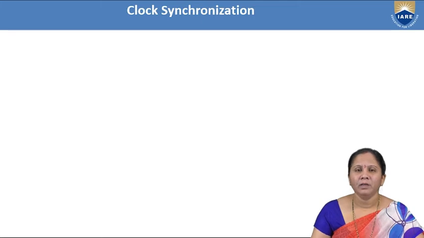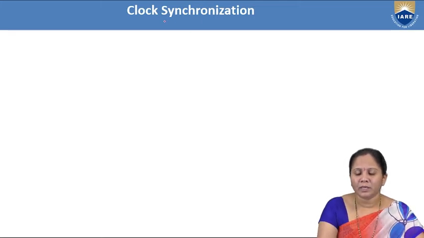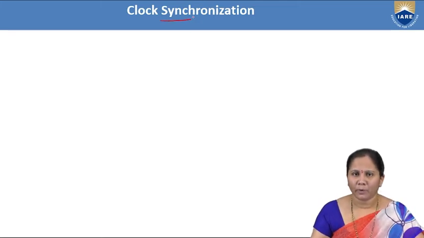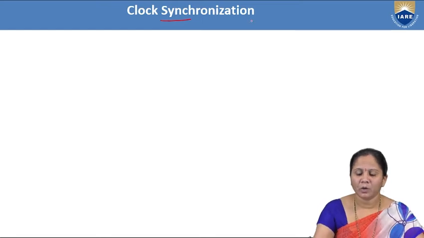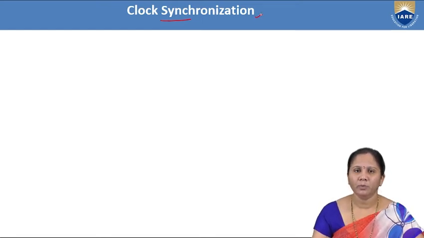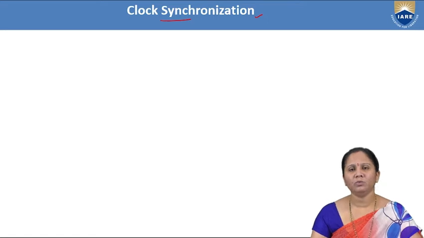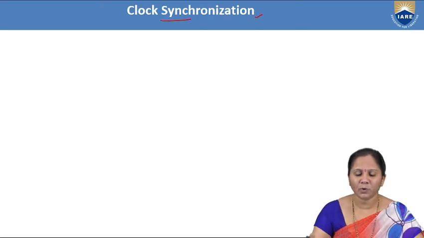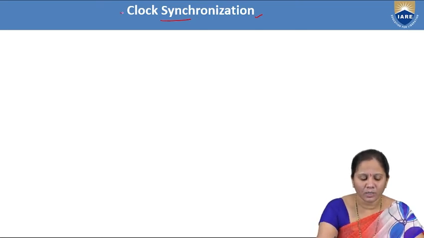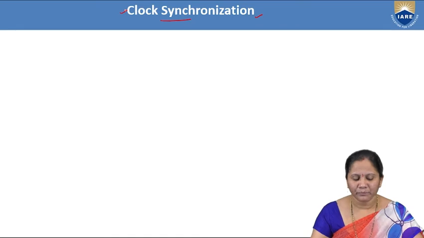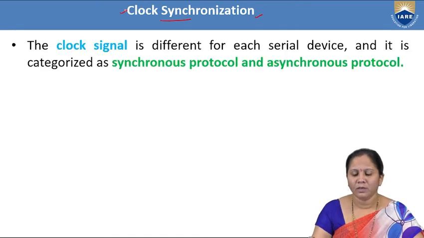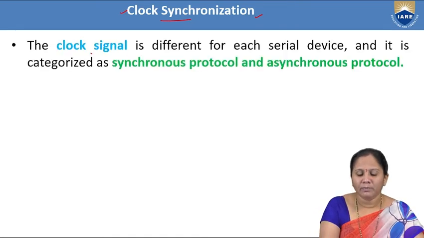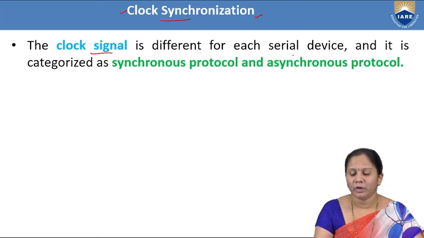In order to make the serial data transfer properly, this clock signal is very important. In order to make the synchronization between the two ends of the transmitter and receiver, it is possible with the help of this clock signal only. But the clock signal is different for each serial device.